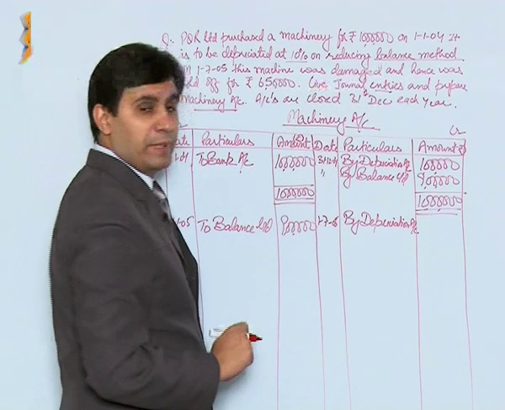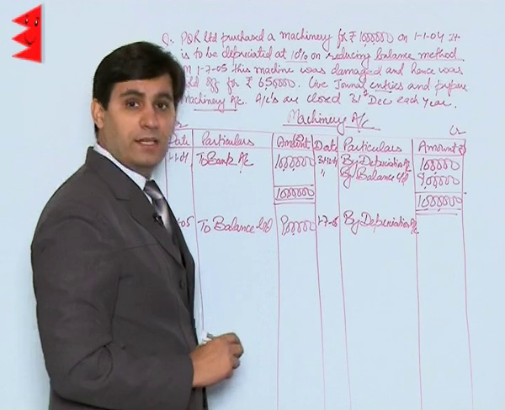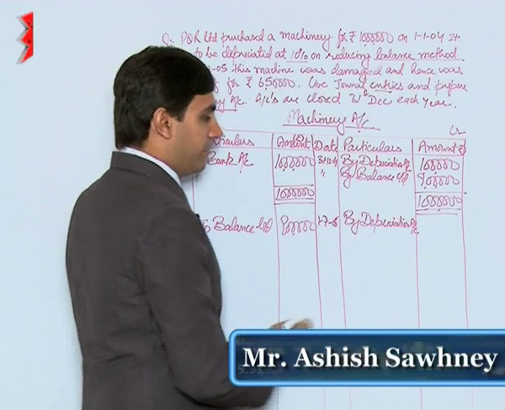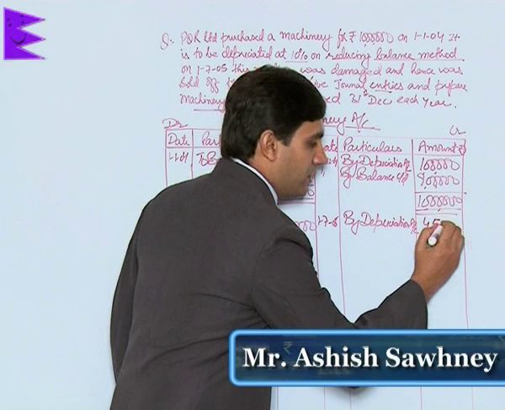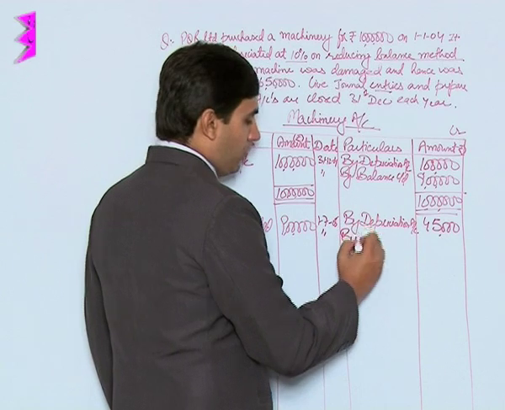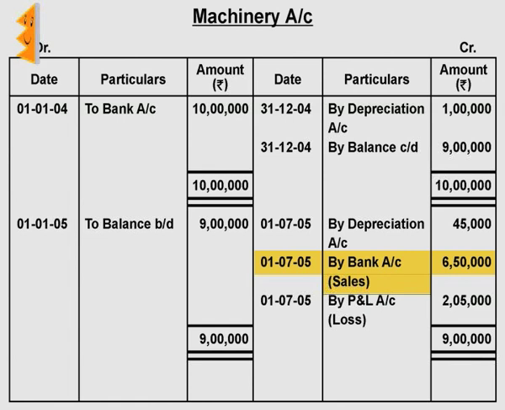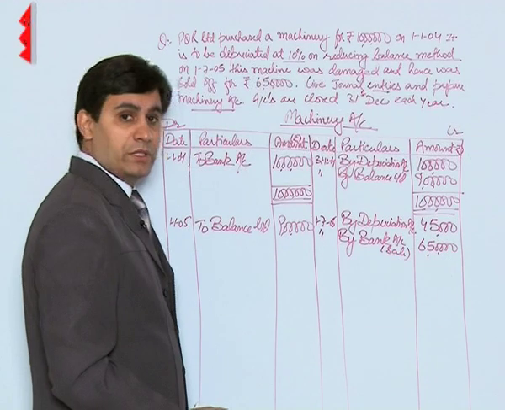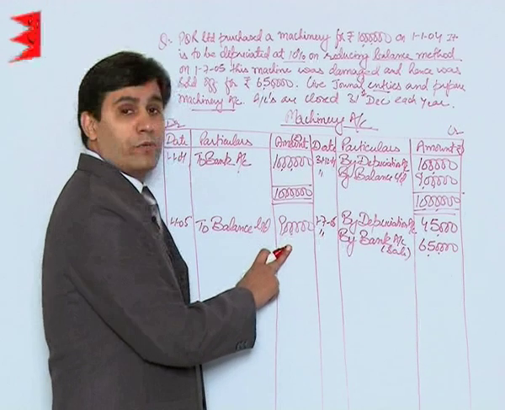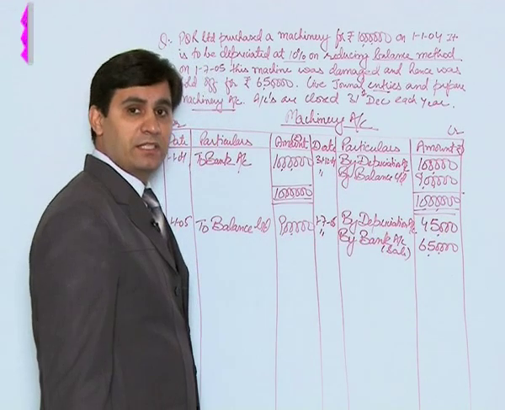Since it is reducing balance method, the depreciation would be charged on book value, which in this case is 9 lakh. So 10% of 9 lakh for 6 months comes to rupees 45,000. On the same date, this machine was sold. So the posting would be bank account, that is sale, for rupees 6 lakh 50,000. Now students, this machine had a book value of 9 lakh. 45,000 rupees was charged as depreciation during this year.